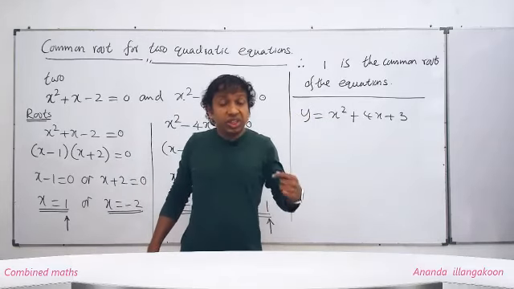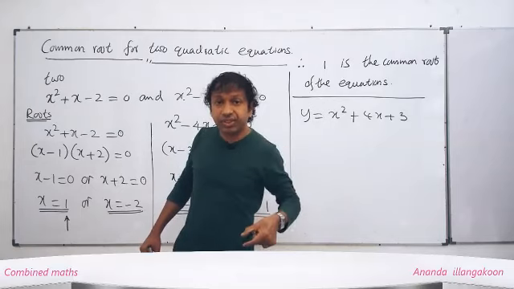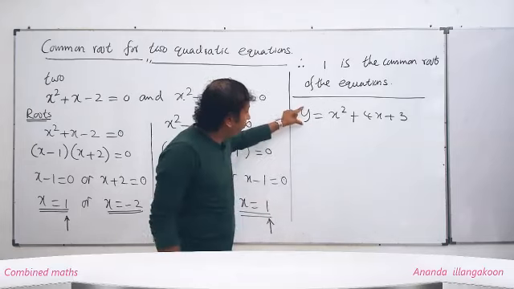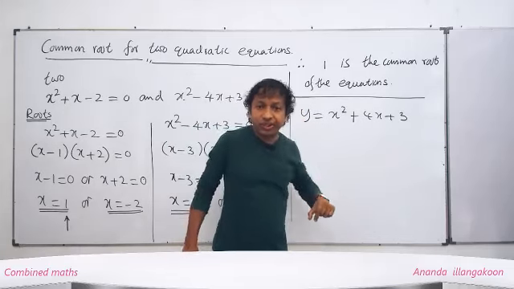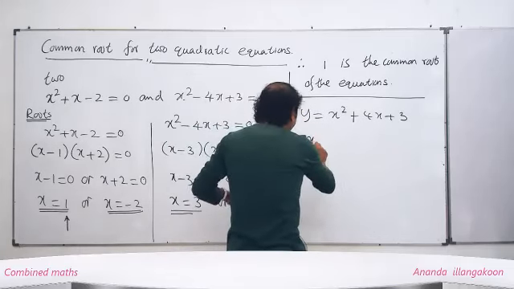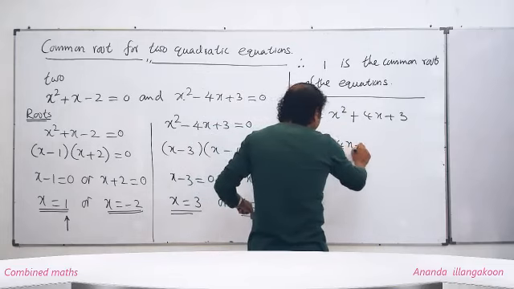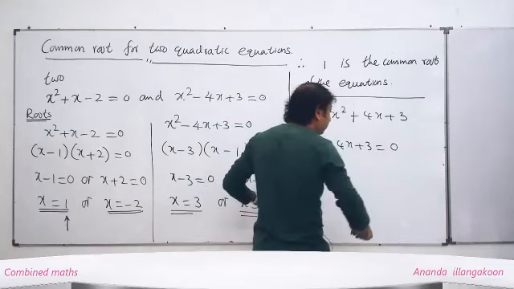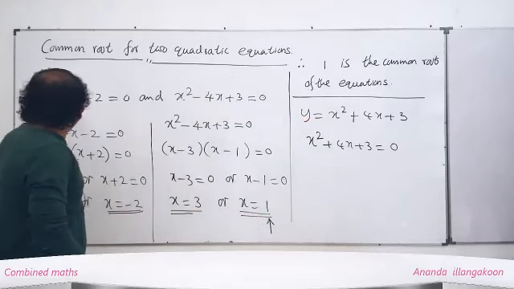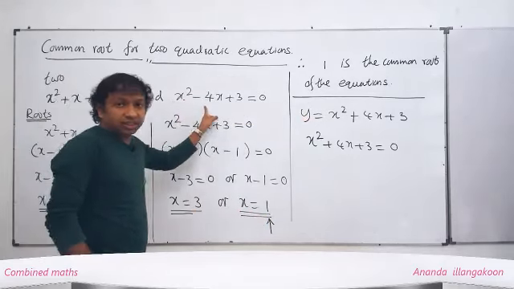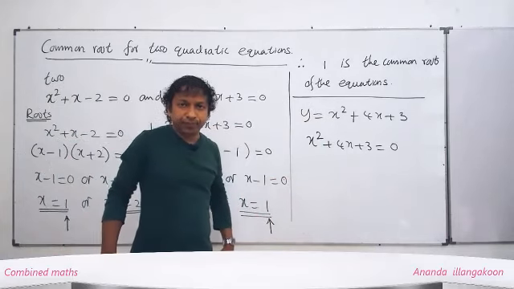To convert this quadratic function to a quadratic equation, we have to put y equal to 0. After putting y equal to 0, we get what is known as the quadratic equation. Like that, by putting y equal to 0, this and this have been obtained.